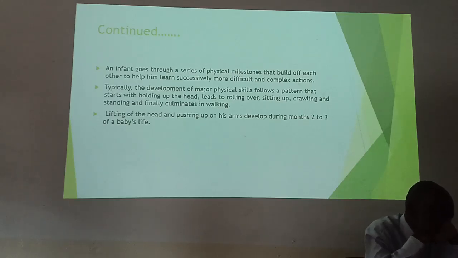Typically, the development of major physical skills follows a pattern that starts with holding up the head, leads to rolling over, sitting up, crawling and standing, and finally culminates in walking. Lifting up the head and pushing up on his arms develop during months 2 to 3 of a baby's life.